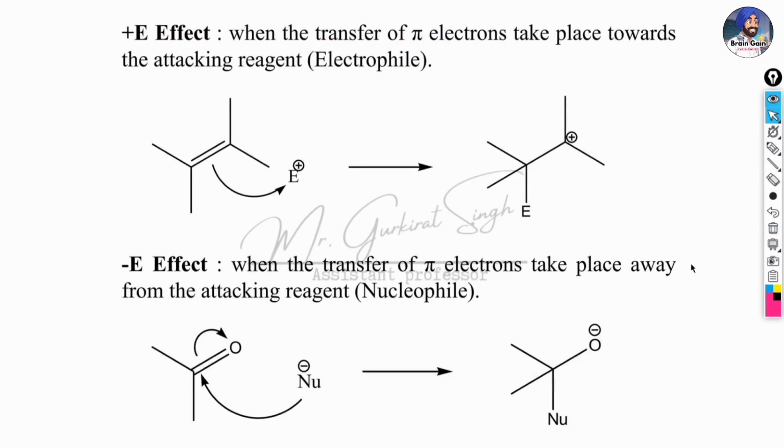Okay, so electromeric effect is divided into two parts. First one is plus E effect and second one is minus E effect or negative electromeric effect. Let's discuss with the help of an example. We need any molecule that contains pi bonds, which are compounds known as unsaturated hydrocarbons.